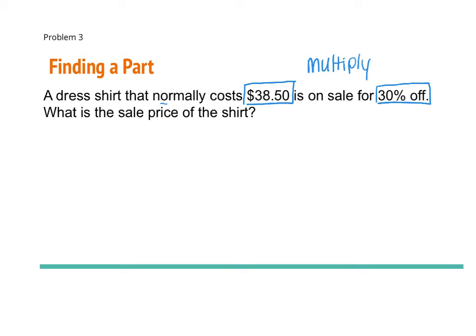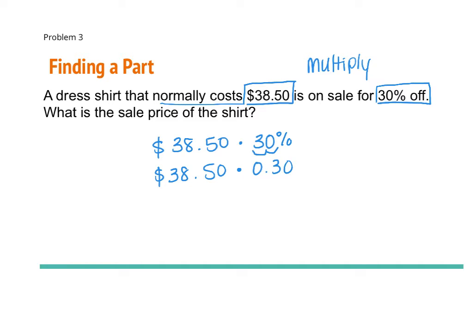So normally costs $38.50. We're going to take $38.50 and multiply it by 30%. Now, don't multiply by 30. What we're going to do is change this percentage into a decimal, okay? So it's going to be $38.50, and we're going to multiply it by 0.30.